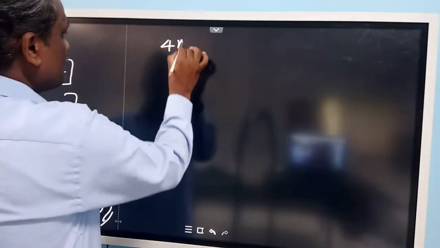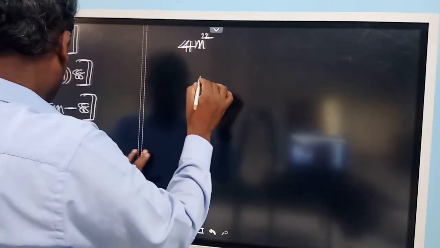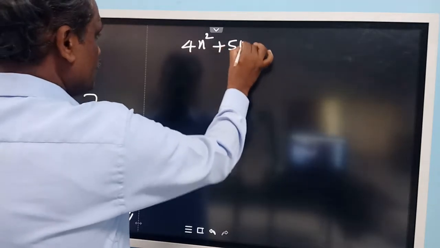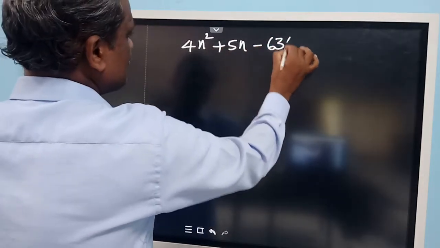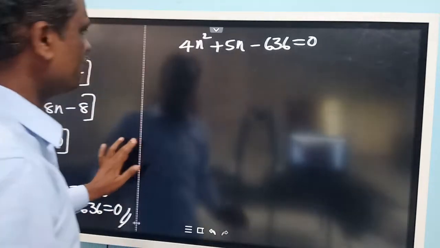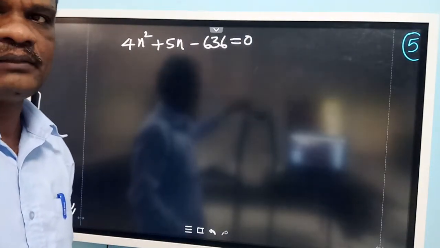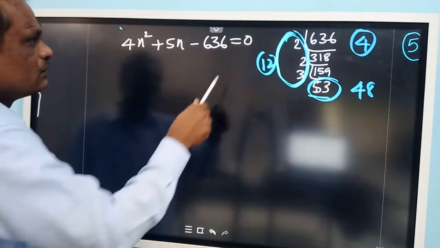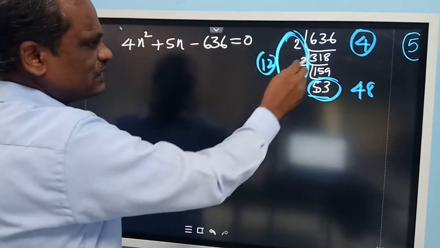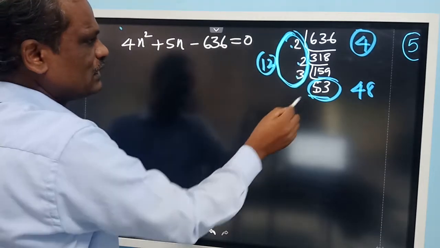4n square plus 5n minus 636 is equal to 0. Now find out the factors so that you should get the middle term 5n. So here, once you factorize, you will get the factors of 636: 2, 2, 3, 53.